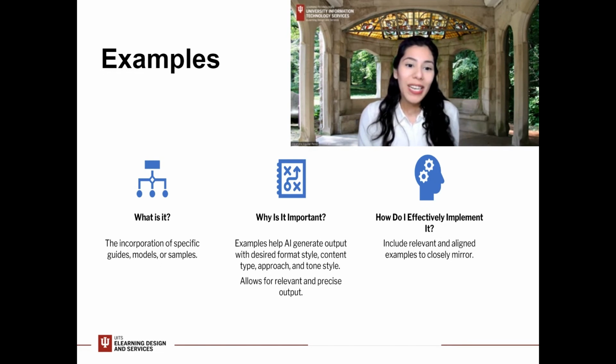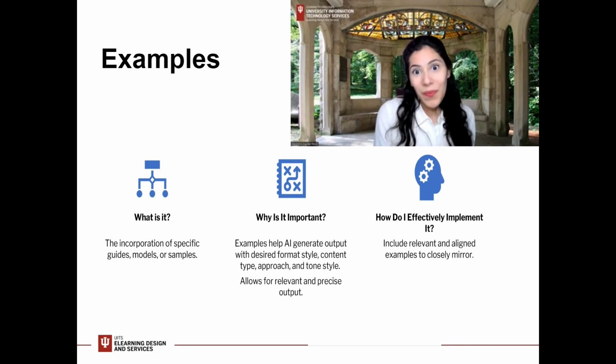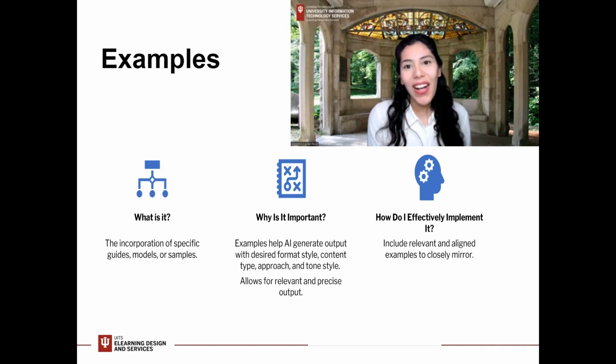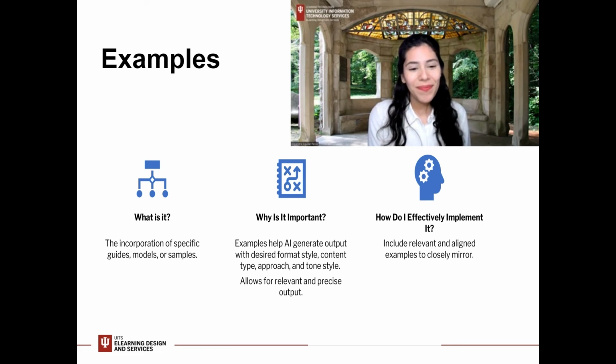By demonstrating the desired outcome with the addition of examples, you can significantly enhance the relevance, precision, hopefully accuracy, and overall value of your content. To effectively implement this, make sure your prompts include clear and relevant instances that you want the AI to mirror.